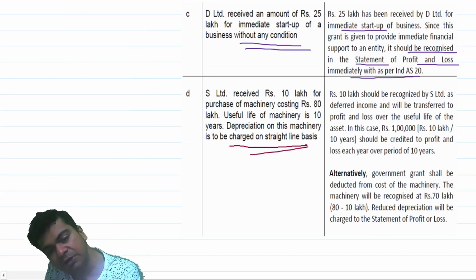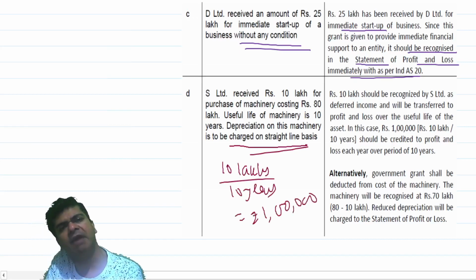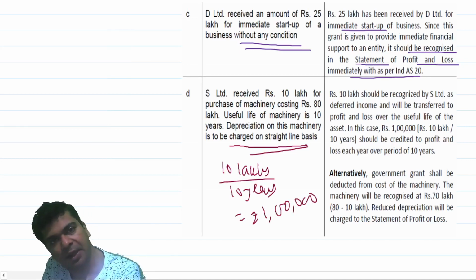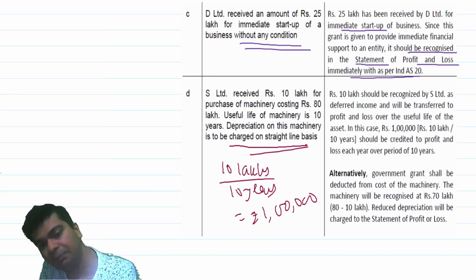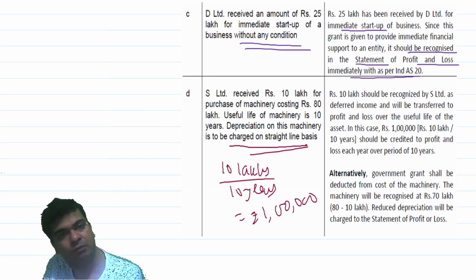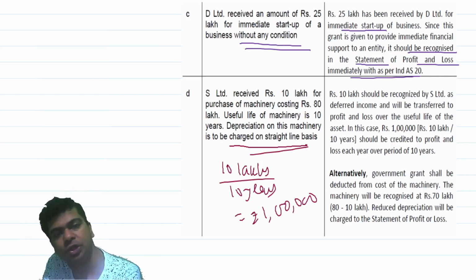Hence the grant that you have received of 10 lakhs, I will divide that by 10 years. That is turning out to be rupees 1 lakh. Every year 1 lakh will be credited to the statement of profit and loss from the deferred income. And the machine will be recorded at the full value of 80 lakhs. Hence I will charge depreciation on rupees 80 lakhs.